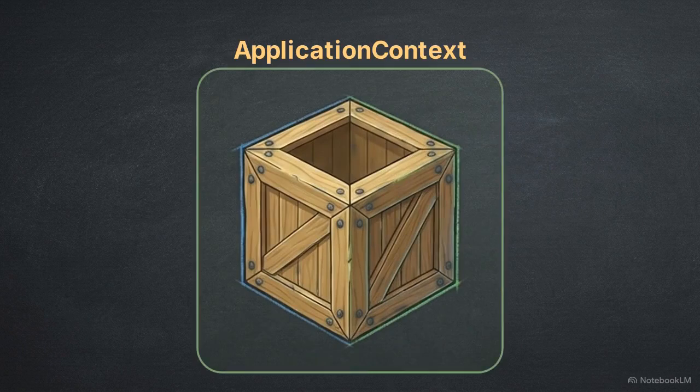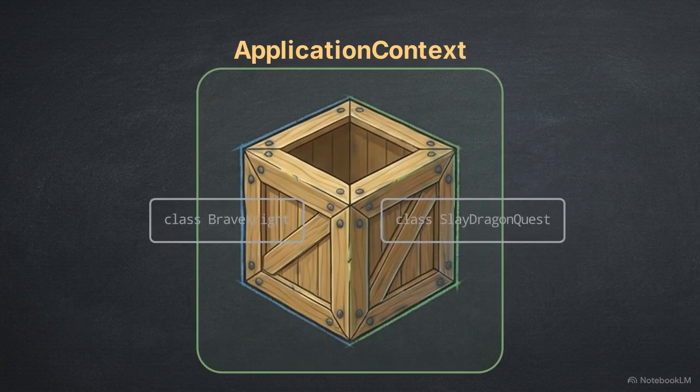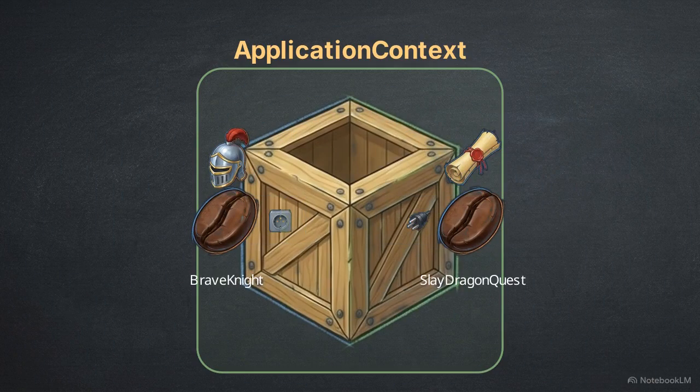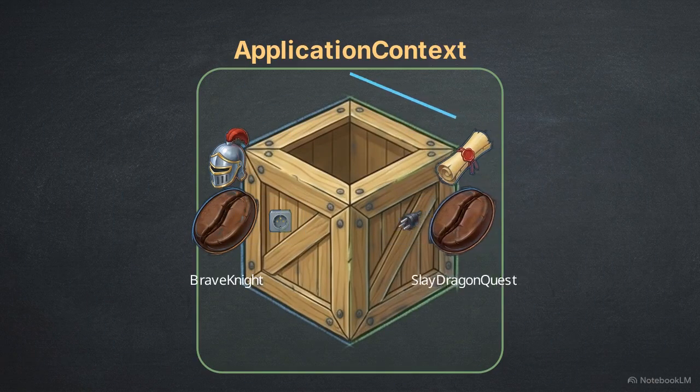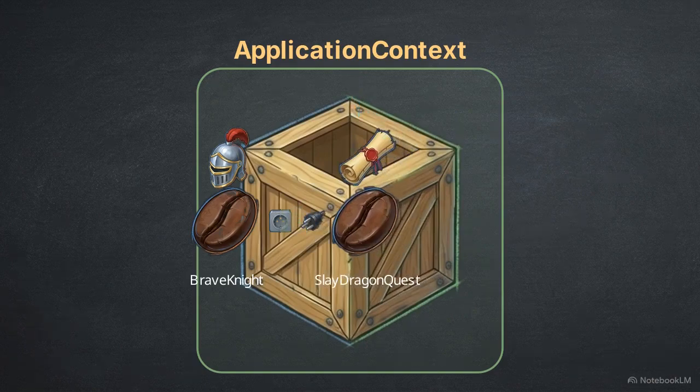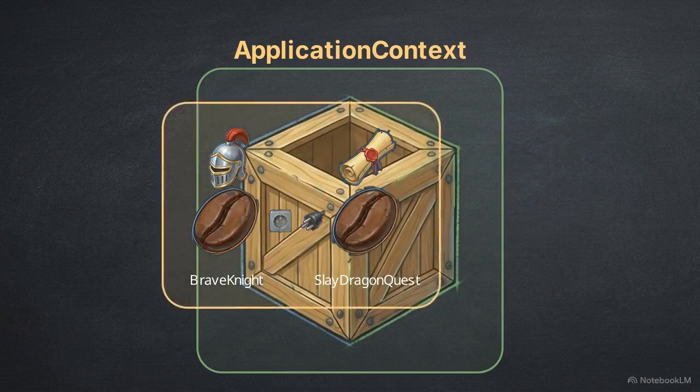This schematic shows the Spring container sandbox. Isolated domain objects like the Brave Knight and the Slay Dragon quest reside inside this controlled environment. The container takes full responsibility for instantiating these objects. It then actively wires their relationships together through dependency injection, the process of supplying an object with required external resources.